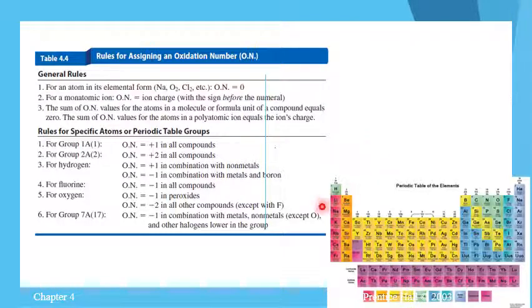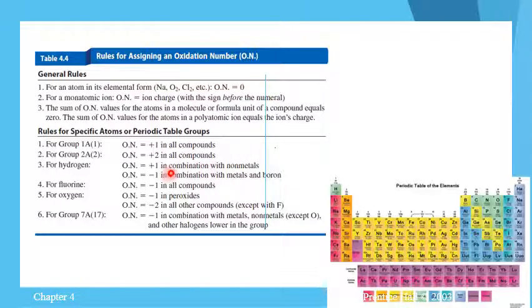Here is group 1A in our periodic table: lithium, sodium, potassium, rubidium, cesium, and francium. Group 2A, which are beryllium, magnesium, calcium, strontium, barium, and radium, have +2 oxidation number.